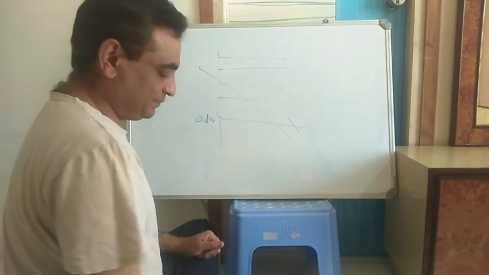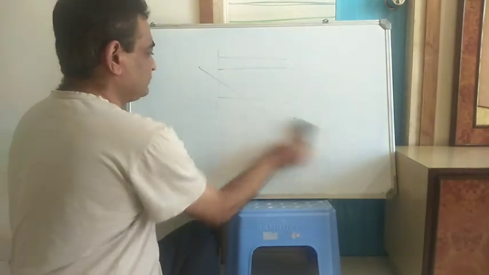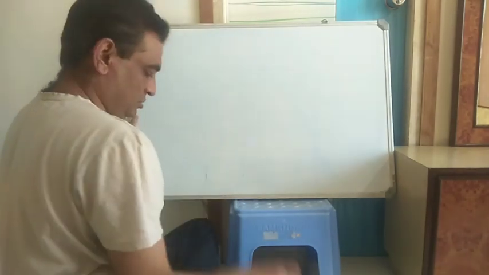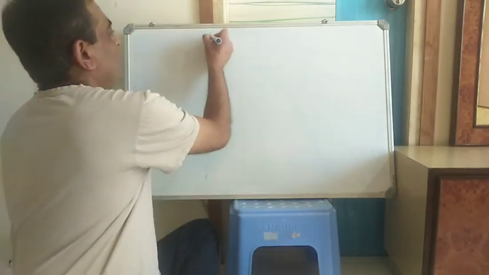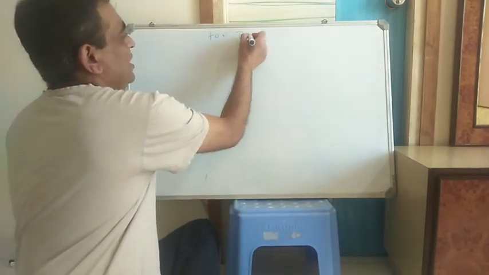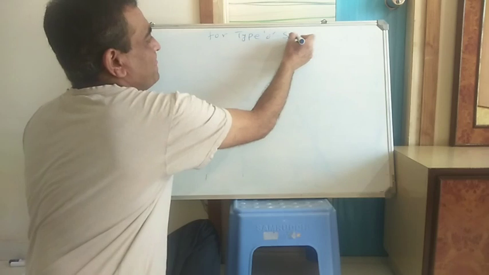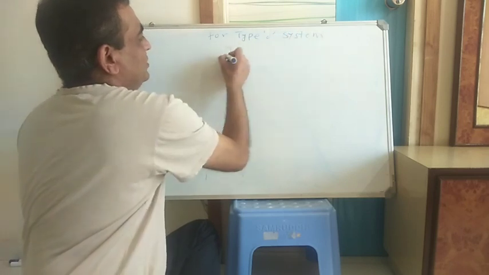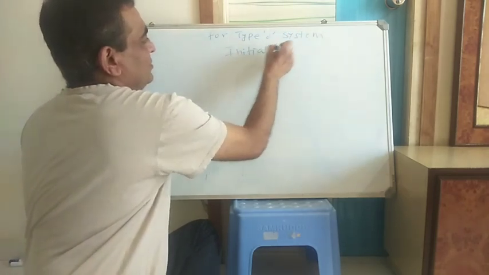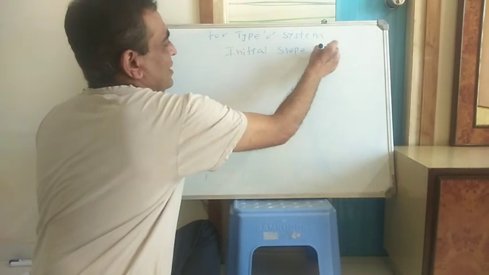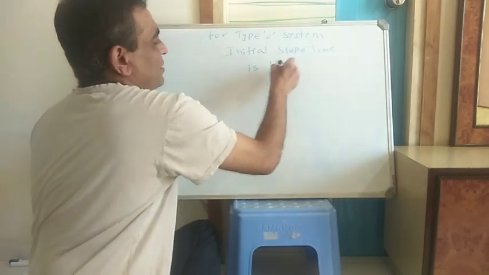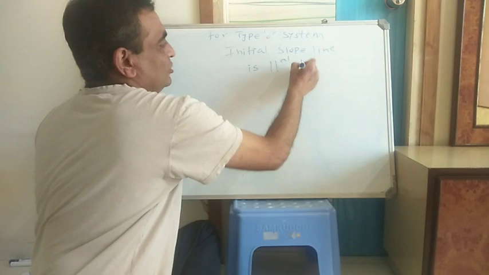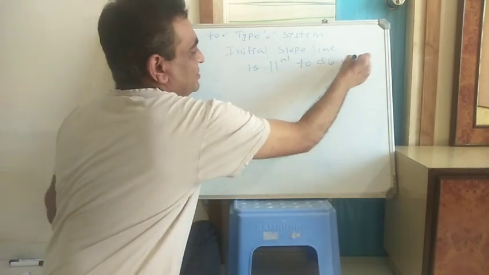Which line is correct? For that, for a type 0 system, the initial slope line is parallel to the 0 dB axis.